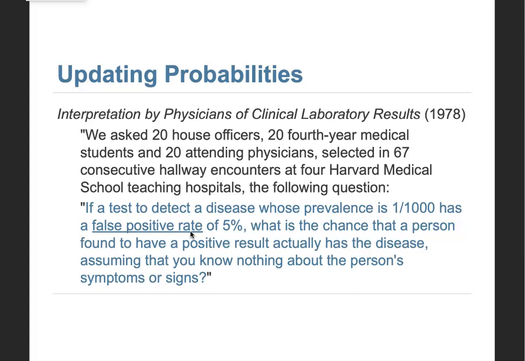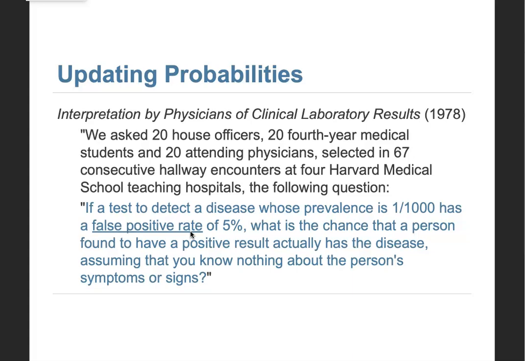A 5% false positive rate means that a person doesn't have the disease, but tests positive. They don't have the disease, but the test result shows positive. That's what we call a false positive. But our question is not this one.